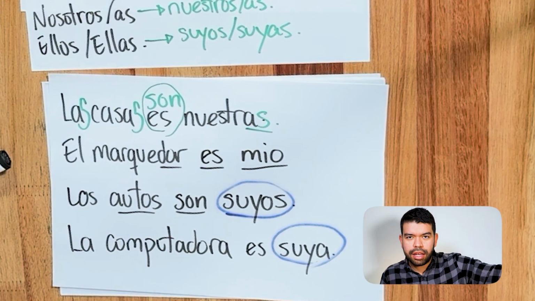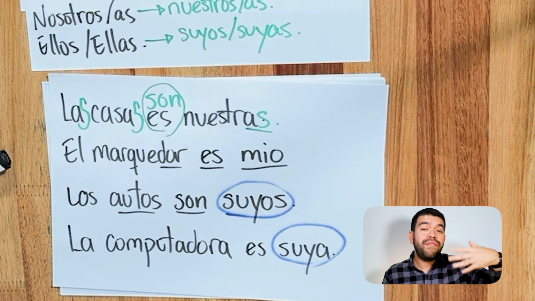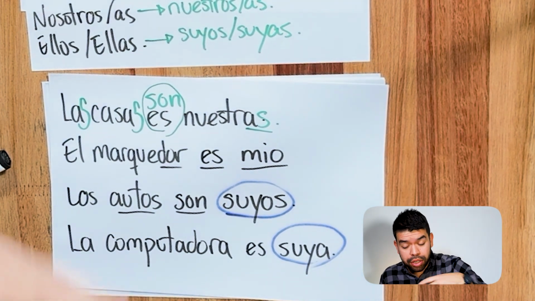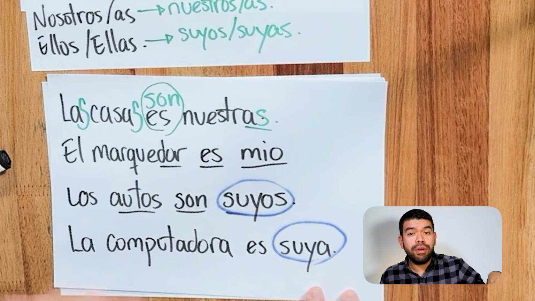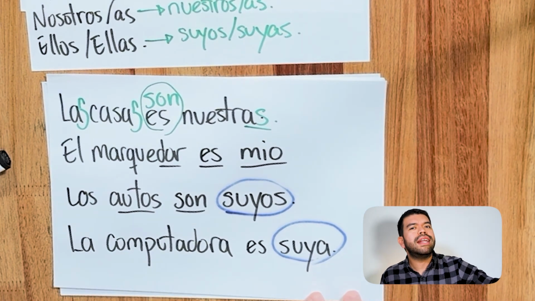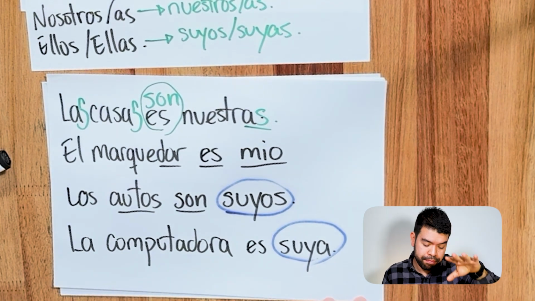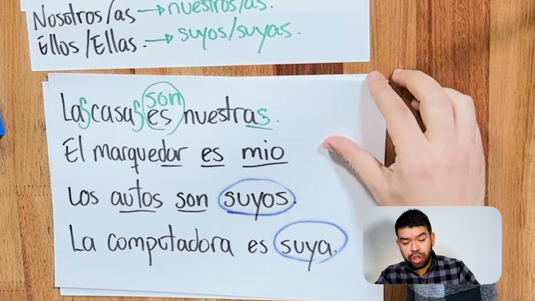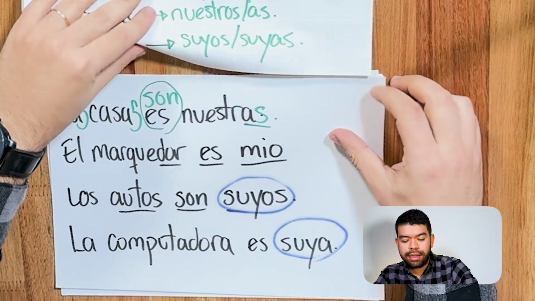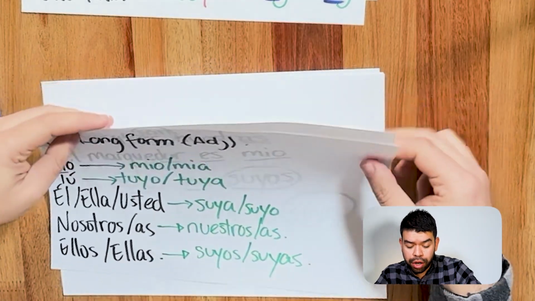It's hers, suya. In Spanish we don't have information about the gender of this person, but basically you're pointing at him or her. So pay attention to that. All right, so we're basically done with the long form adjectives, but we're going to bring this back because we're going to talk about how possessives work as pronouns, right?